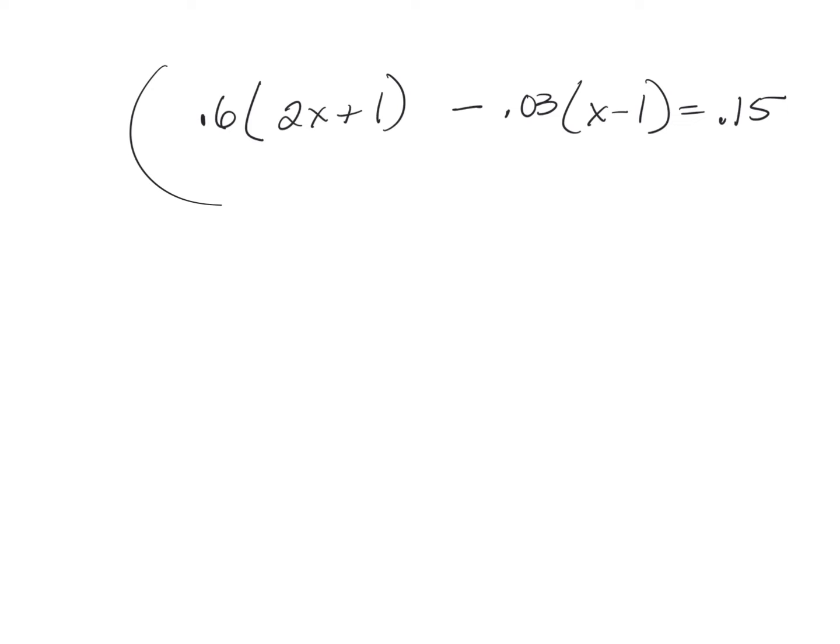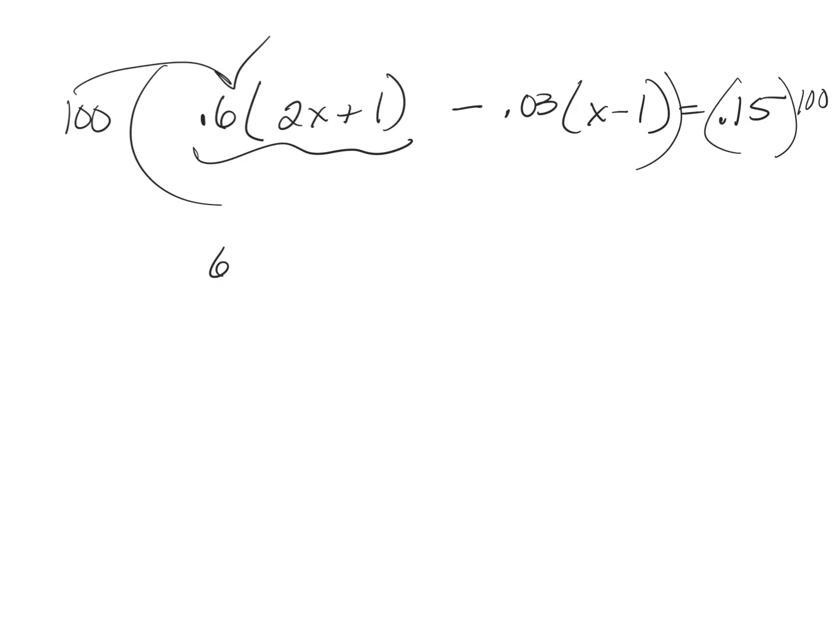So if I do that, this goes into this term right here. Becomes 6. I'm going to move the decimal over 2 places. 60. Goes into here. Move the decimal over 2 places.